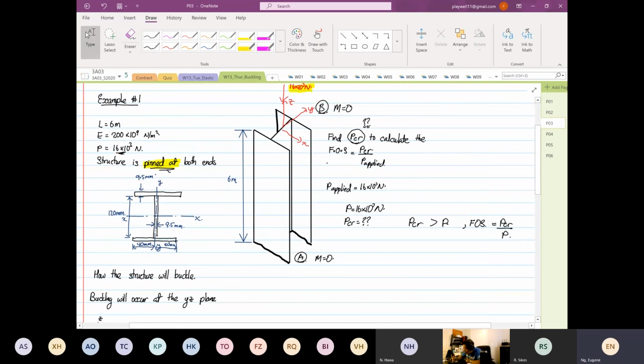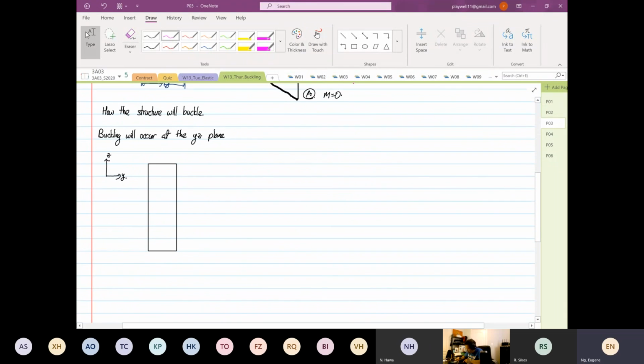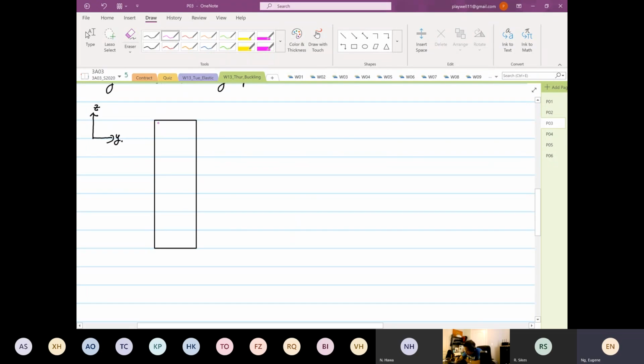YZ plane, it is this plane. That's your YZ plane. So you are viewing from here now on the YZ plane. If we draw that, you can still see this.